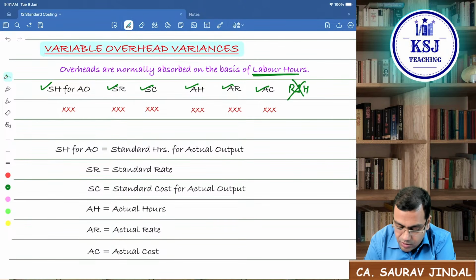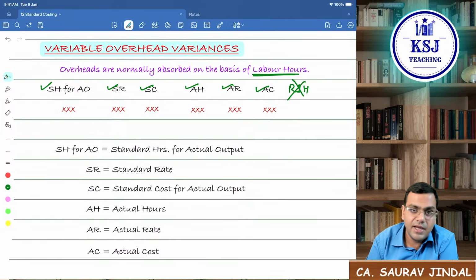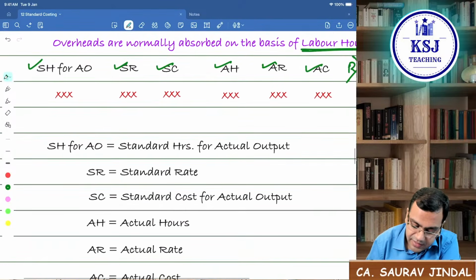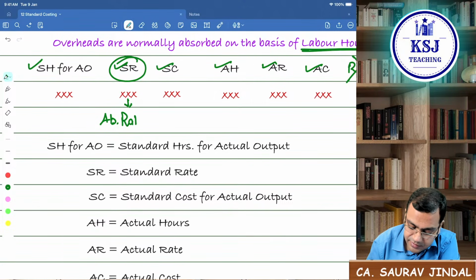Standard hours for actual output, standard rate, standard cost. Now this standard rate represents your absorption rate.